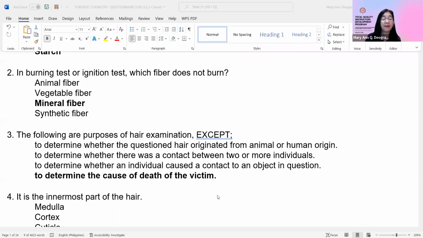There might be hair strands left clinging to the hands of the victim, as well as the suspect, or in the crime scene. And to determine whether an individual caused a contact to an object in question: sometimes hair strands are found clinging to objects, such as a hammer, with hair strands left on the hammer. So A, B, and C are all purposes of hair examination, except for letter D.